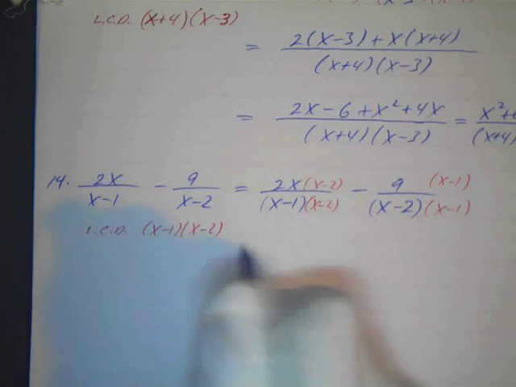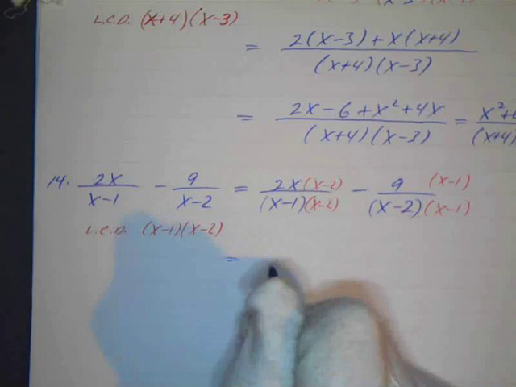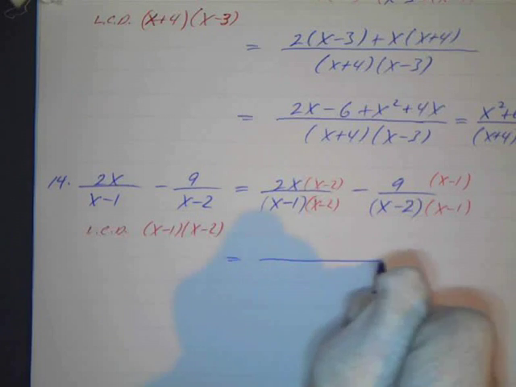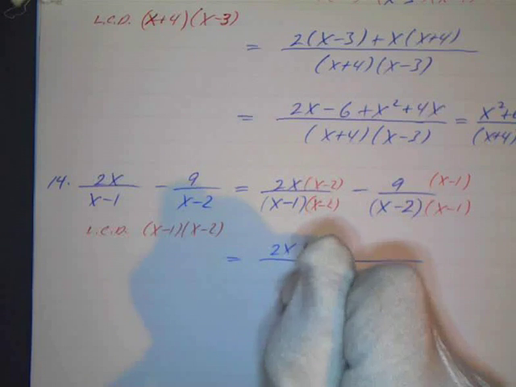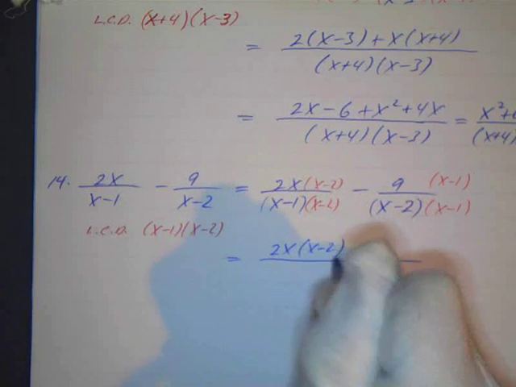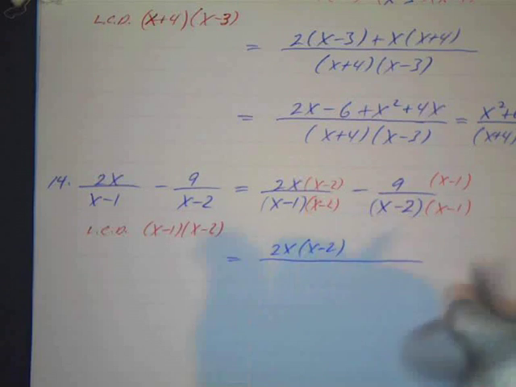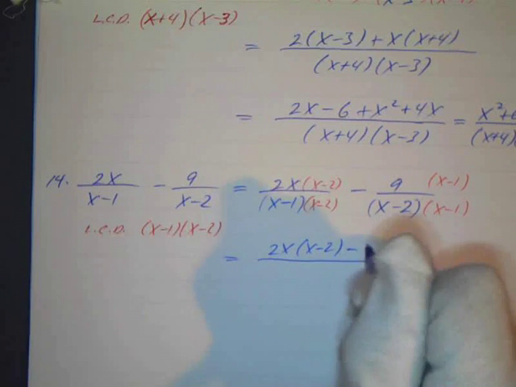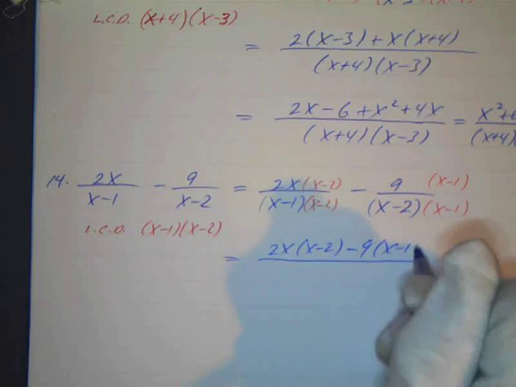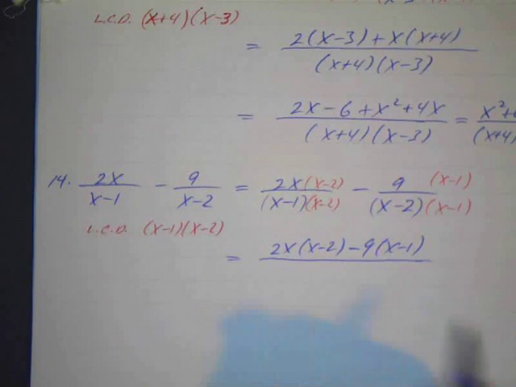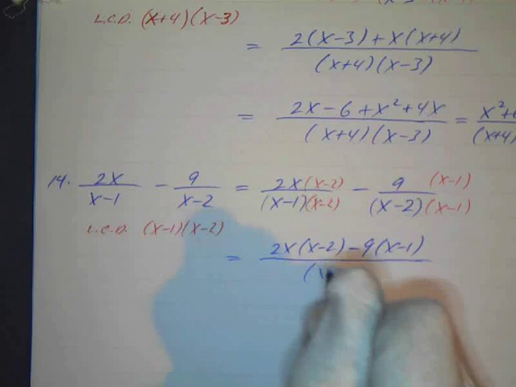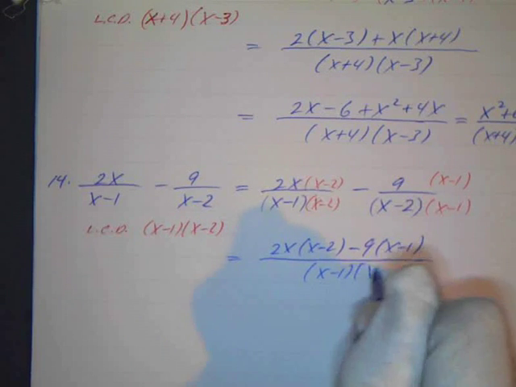Okay, so now I can, now watch out, we got this leading negative sign, so be really careful. So 9 times x. When you distribute, don't forget, it applies to both signs. And this is all over my LCD, x minus 1, x minus 2.